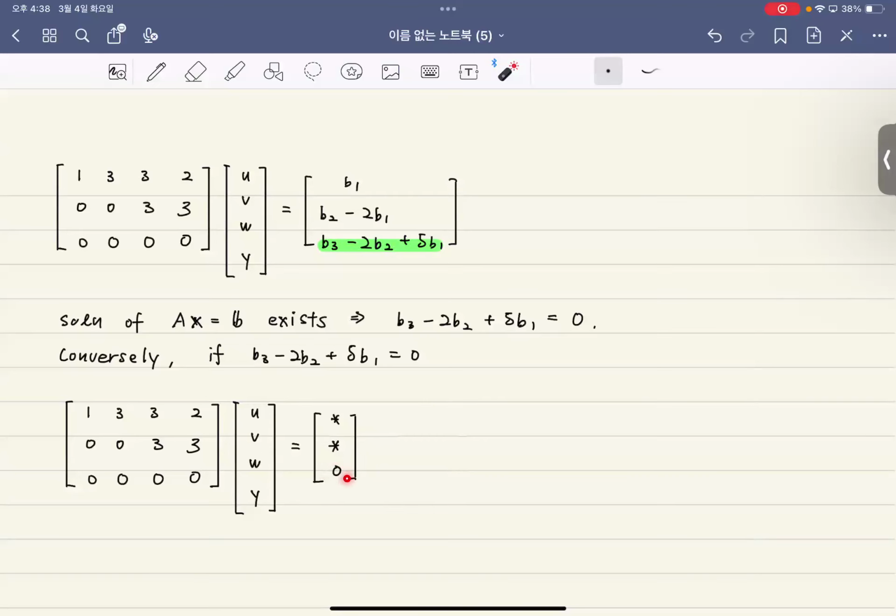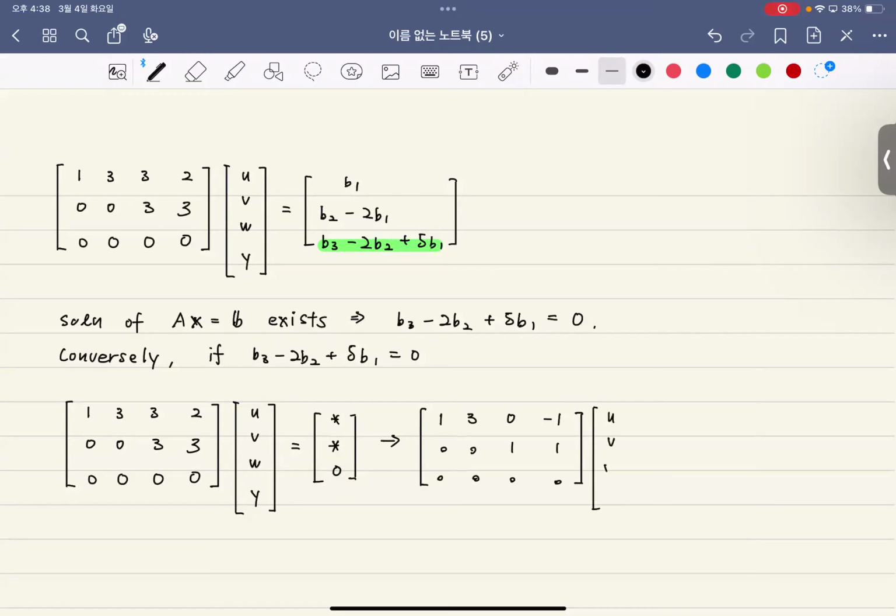So if this guy equals 0, then by changing everything into the reduced row echelon matrix, U, V, W, Y, these two numbers must also change.